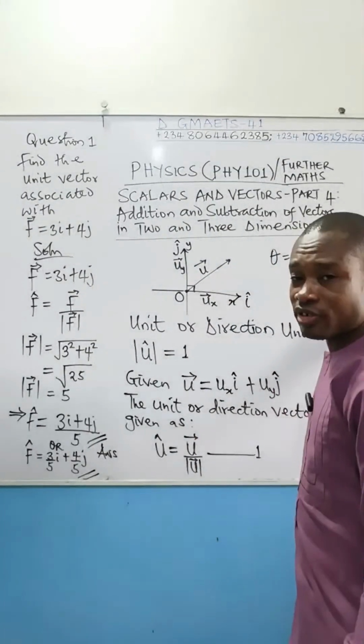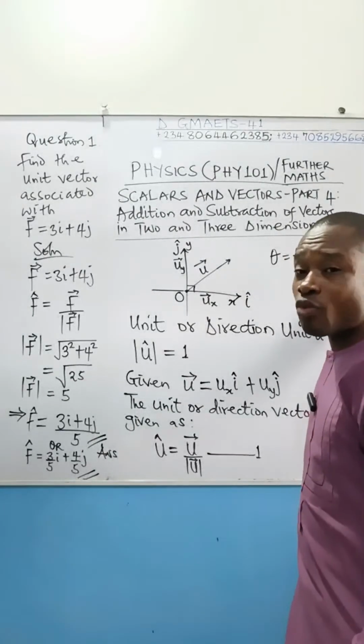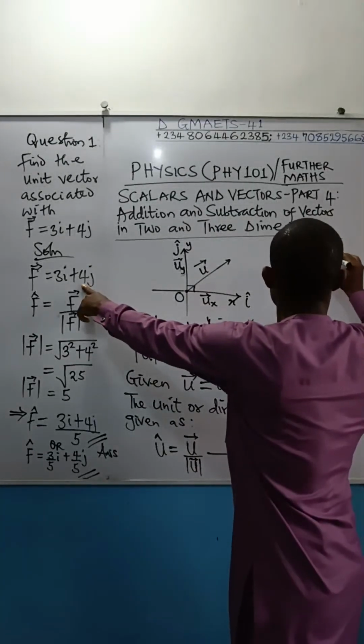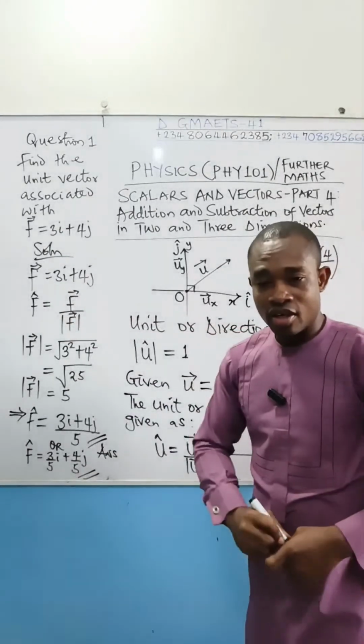We've done this in our previous class, so it's not a new concept. I gave the formula as theta equal to tan inverse of y over x. So here the y component is 4 over the x component is 3. And then you solve this and obtain the direction.